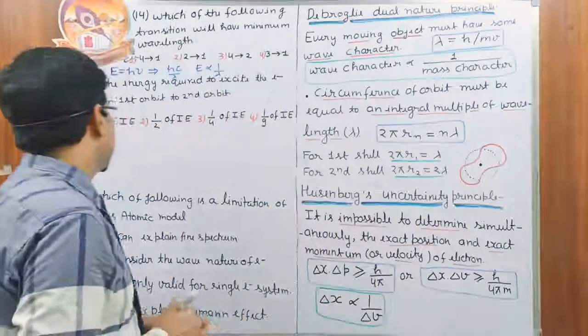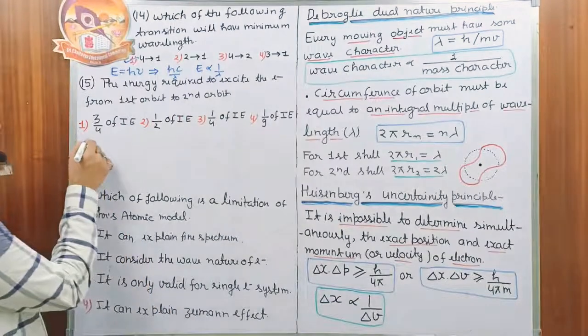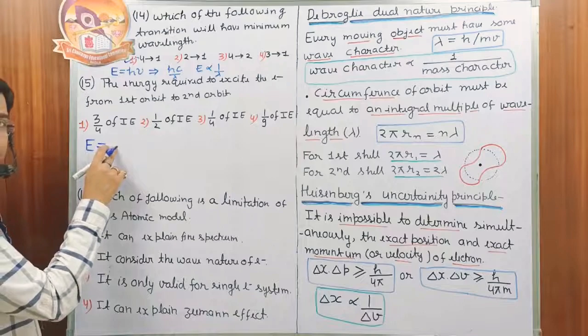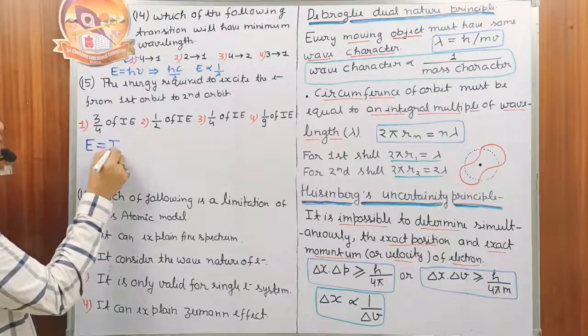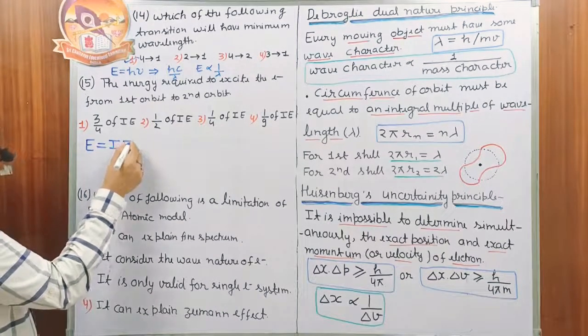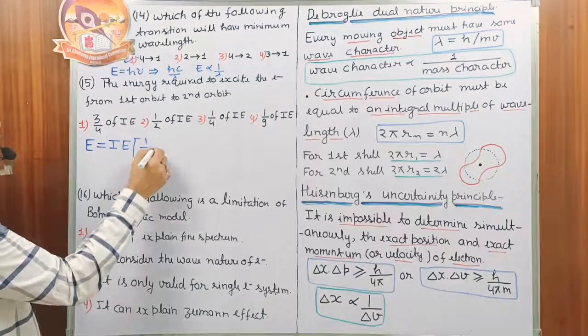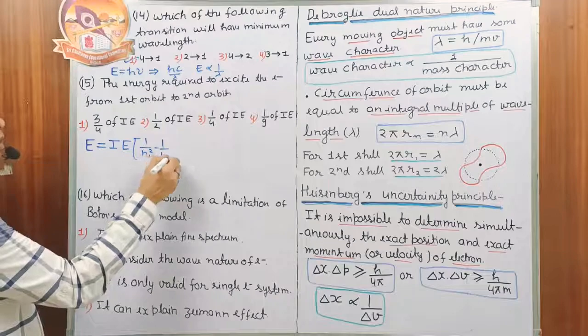So what formula do we have? We have energy equals 13.6, but in place of 13.6 we can write the ionization energy times 1 upon n1 square minus 1 upon n2 square.